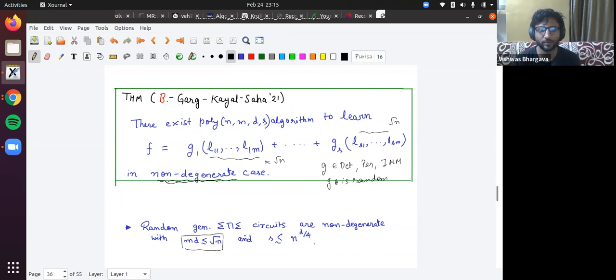The power of these techniques is that they work for extremely large top fan-in. So S could be exponential, or it could be n to the d to the 1/4. You will get a poly n d s m algorithm. These are not constant top fan-in or polynomial top fan-in bounded approaches. Pretty general. Right. Okay. Any more doubts?